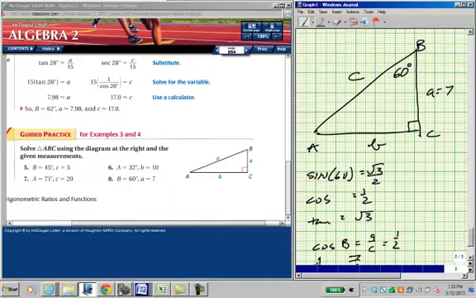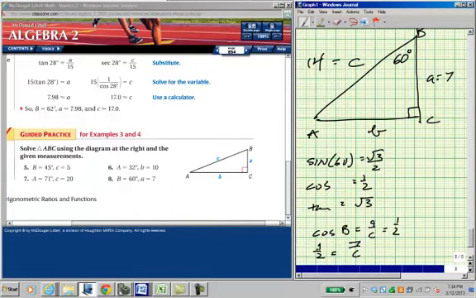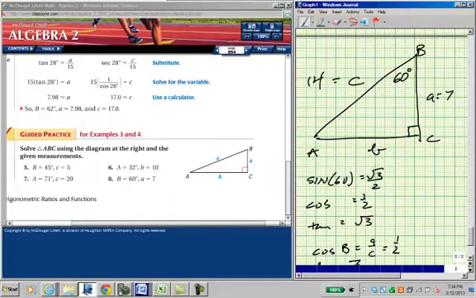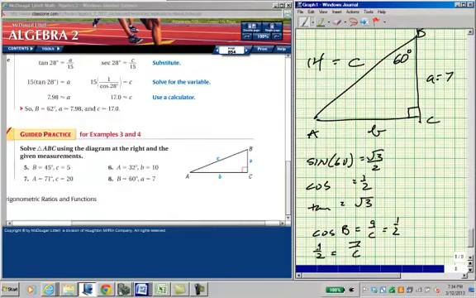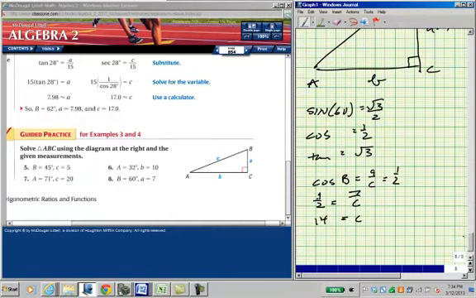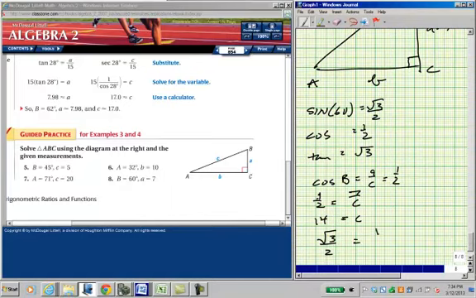Now we're going to get into this. Okay. Now what about B? Well, the sine is the square root of 3 over 2. Now we know that we're pretty good about 14. So the square root of 3 over 2, which is the sine of 60 degrees, is equal to B over 14.